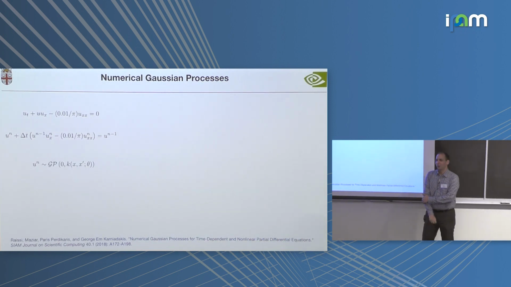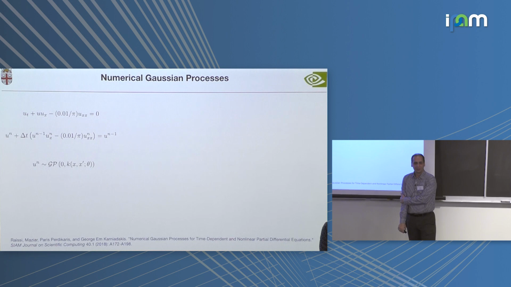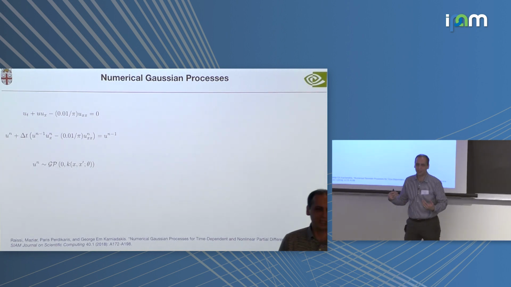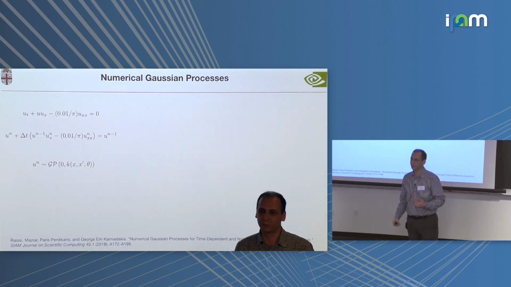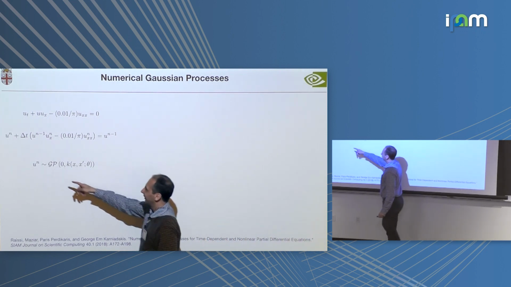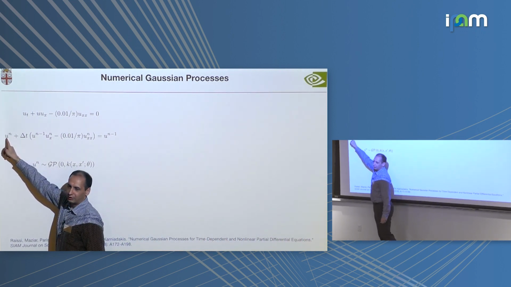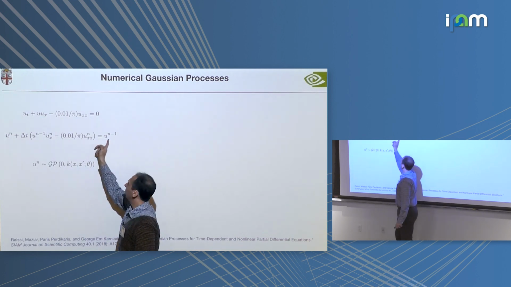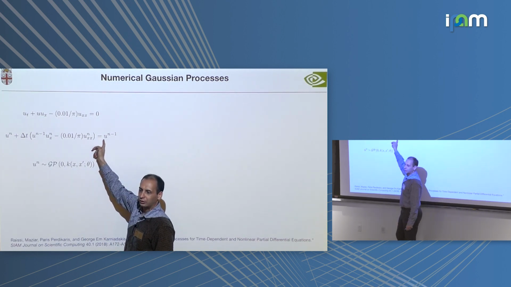We approximate u^n by a Gaussian process. So here's the question. Why am I approximating u^n by a Gaussian process? Why not u^{n-1}? We had a choice to make. Put a prior here on u^n, or put a prior on u^{n-1}.